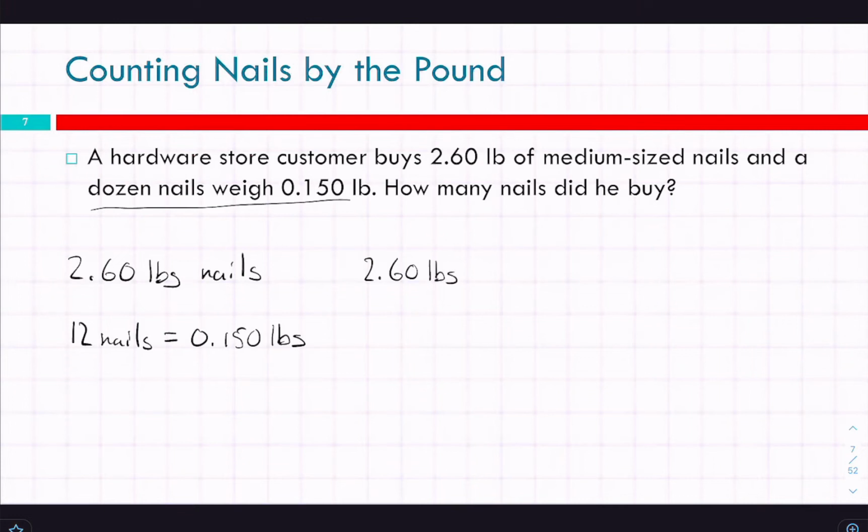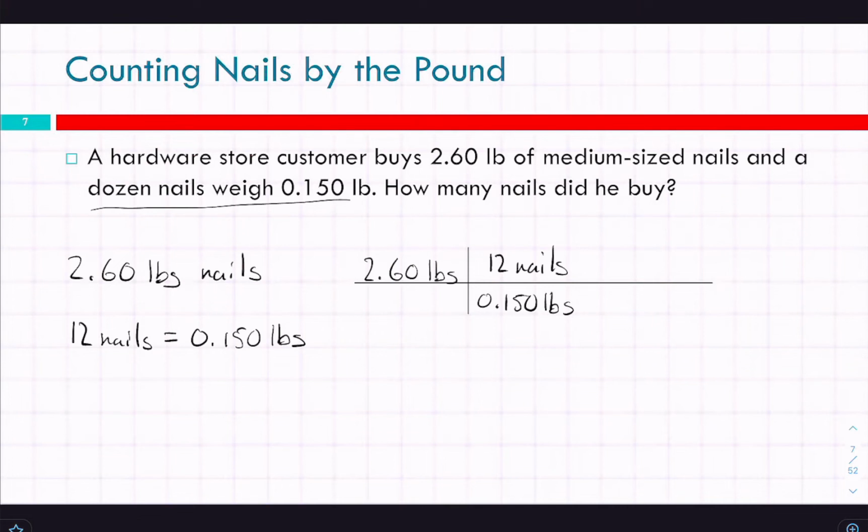Pounds, actually I'm going to start using this. So this is the same thing as writing everything out, this times this fraction times this fraction, but we're going to represent that as boxes here. So we've got our 2.6 pounds of nails, and we're going to put 0.150 pounds on the bottom and 12 nails on top.